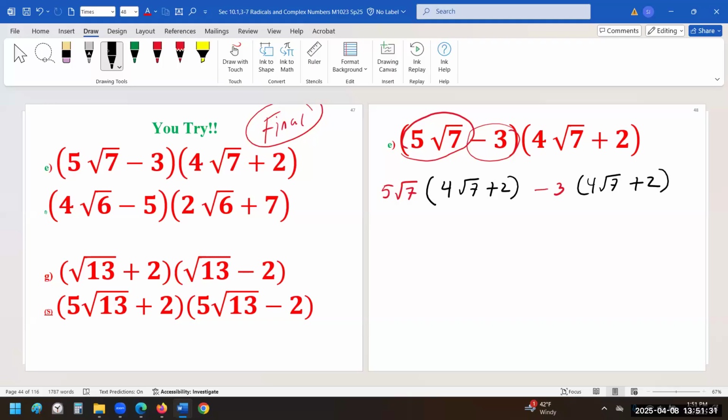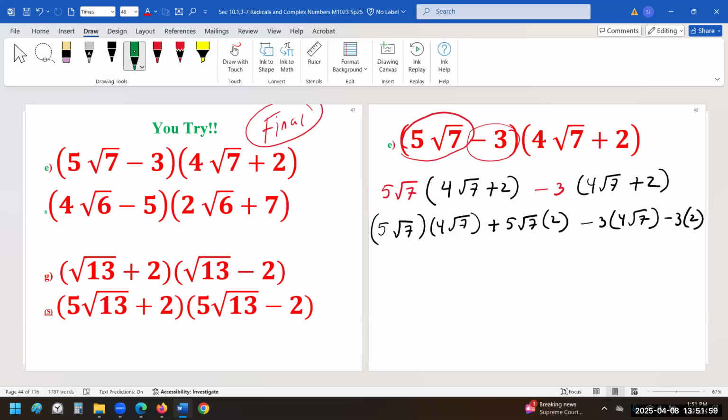Four radical 7 plus 2. Now, we have 5 radical 7 times the 4 radical 7 and then 5 radical 7 times the 2. Then we have 3 times 4 radical 7 and 3 times the 2.